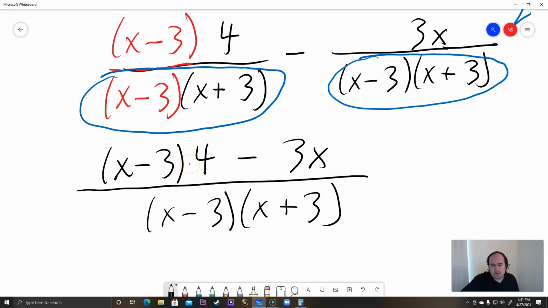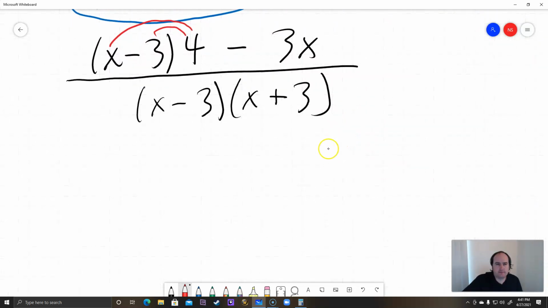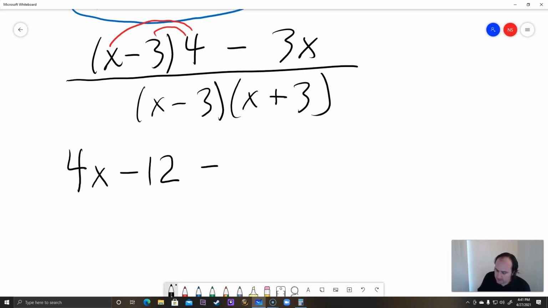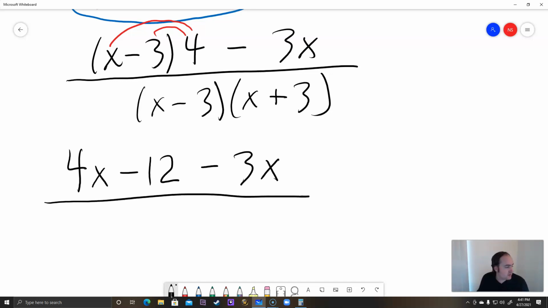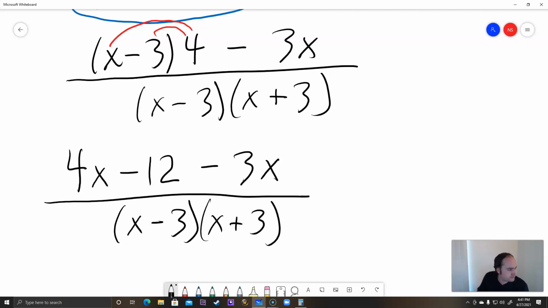Well, the first thing I would do is on the top left, distribute this 4. We're going to distribute the 4 to each of those terms. That gives us 4x minus 12 minus 3x. And in our denominator, we don't want to multiply it out. We want to just leave it factored, so we'll leave it as x minus 3 times x plus 3.